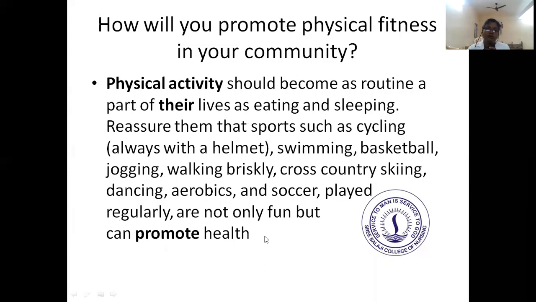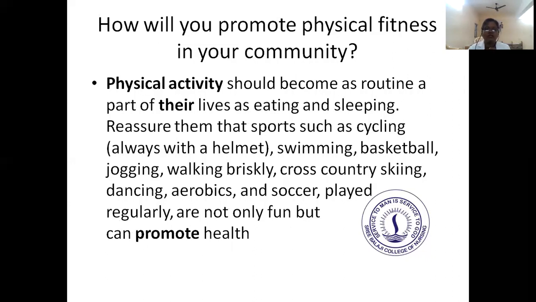Once you know all the benefits of physical activity, how will you promote physical fitness in your community? As a community health nurse, we have preventive care in our hands rather than treatment. So we have to reassure the people through education, demonstration, and participation.